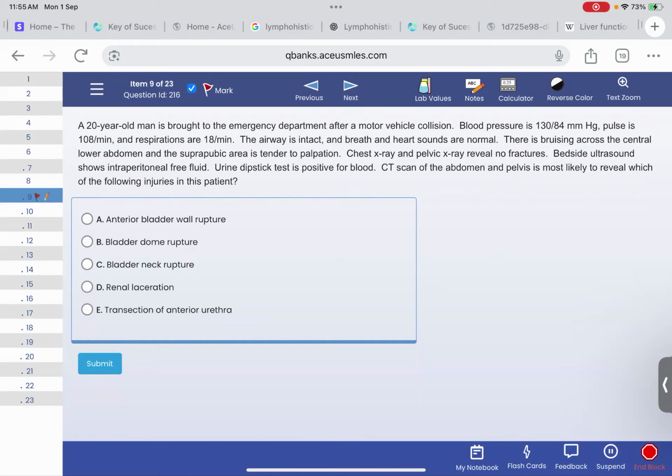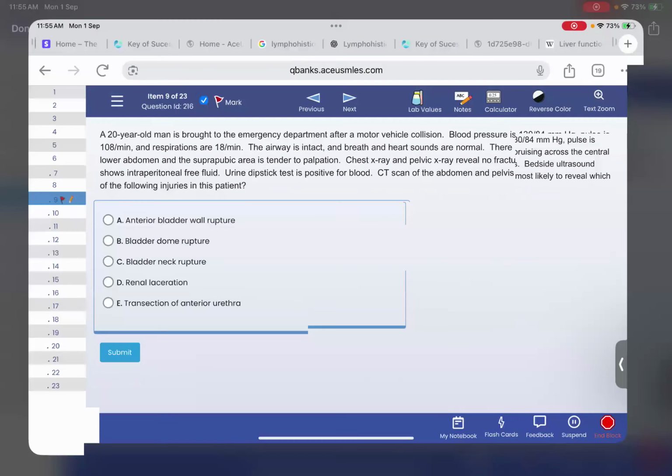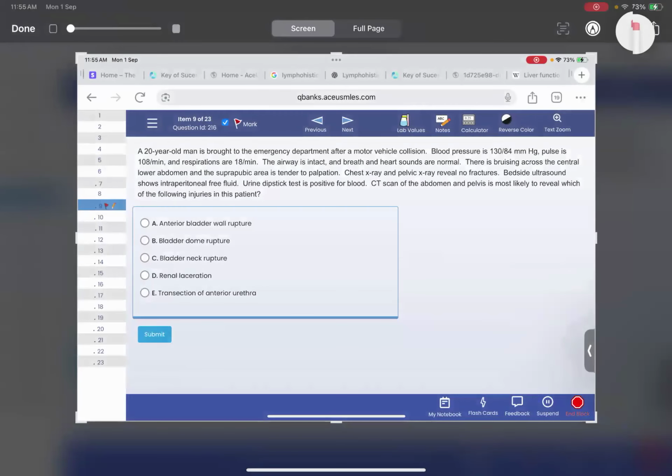Which of the following injuries will a CT scan of the abdomen and pelvis most likely reveal in this patient? We have a 20-year-old man brought to the emergency department after a motor vehicle collision. Blood pressure is 130/84, pulse is 108, respirations 18. The airway is intact. Breath and heart sounds are normal.